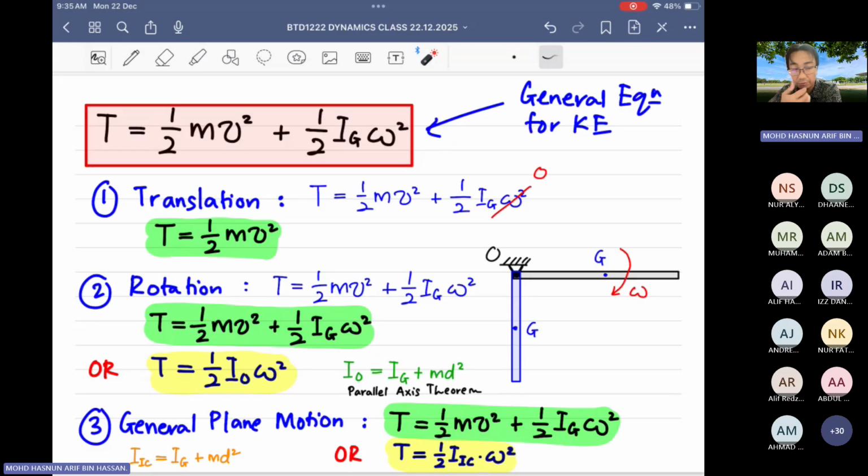I did not even show an example for translation, because it is very straightforward, 1 over 2 mv square. But the one that you should pay attention to is the rotation, or the general plane motion, because we have two components, translation and also rotation. We can either use that, or we can use a simplified formula by calculating IO, or for general plane motion, calculate IIC.